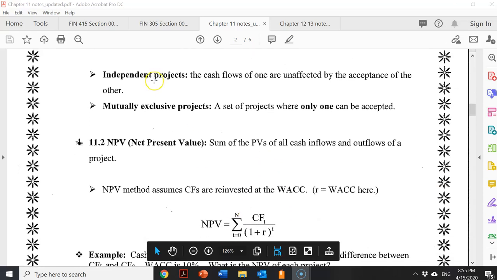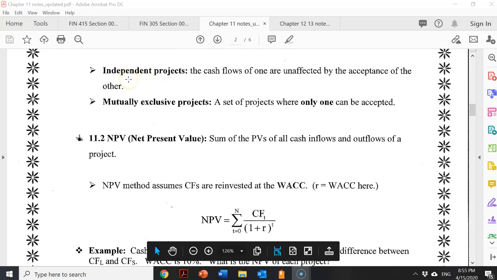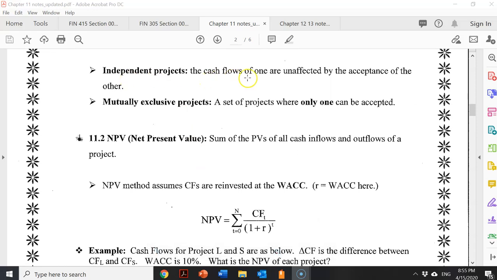When we are looking at the projects, they could be independent, which means the cash flows of one project are unaffected by the acceptance of the other. So we can make independent decisions on each project if multiple projects are independent from each other.